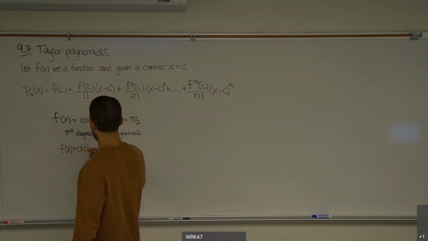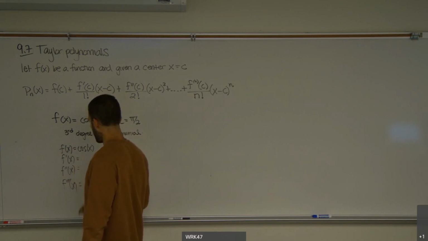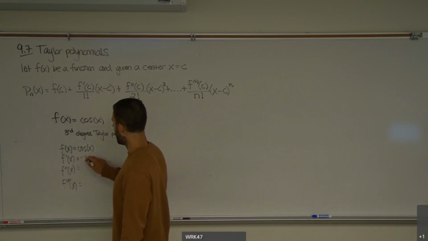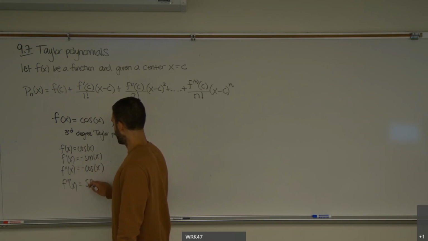So cosine of x is my function. We need to take 3 derivatives because we're going to need the tangent line slope, the concavity, and the third derivative value at pi over 2. Derivative of cosine: negative sine of x, negative cosine of x, sine of x.